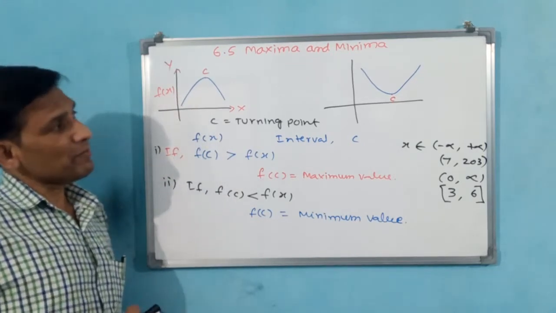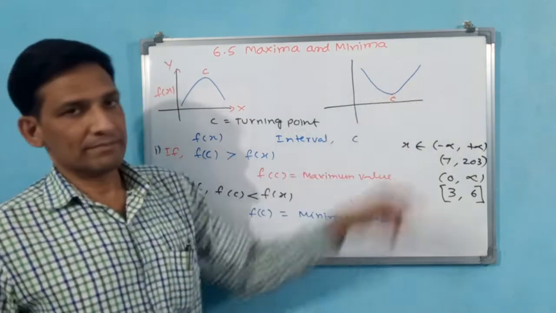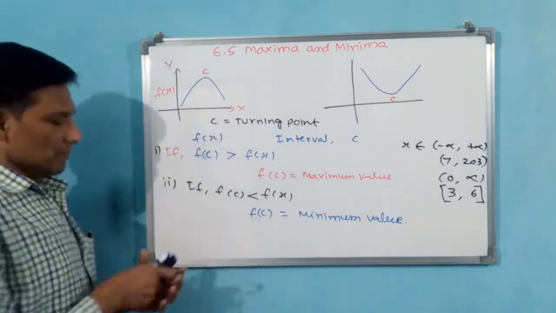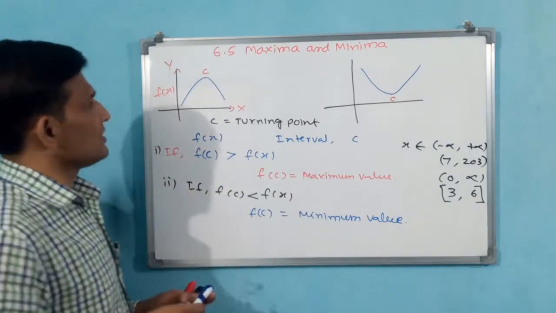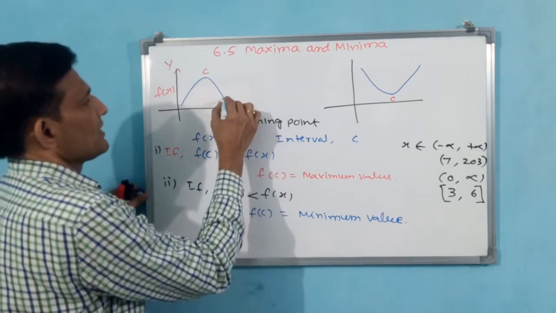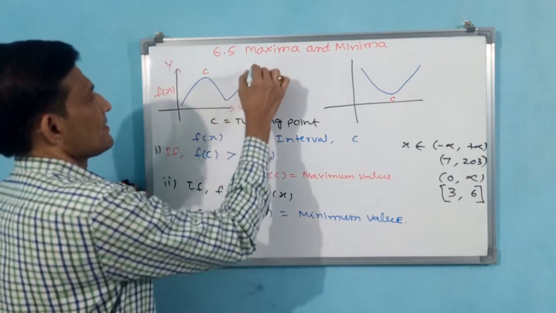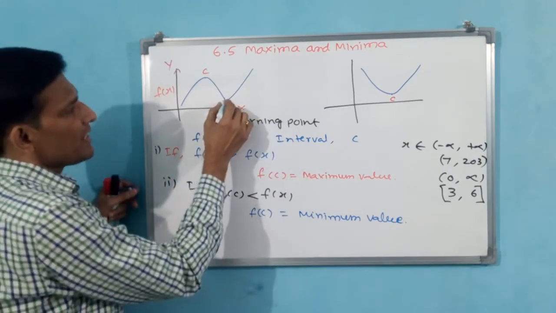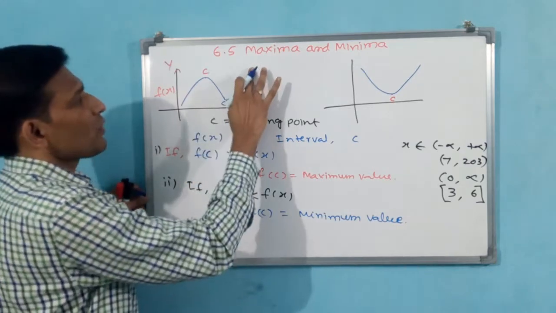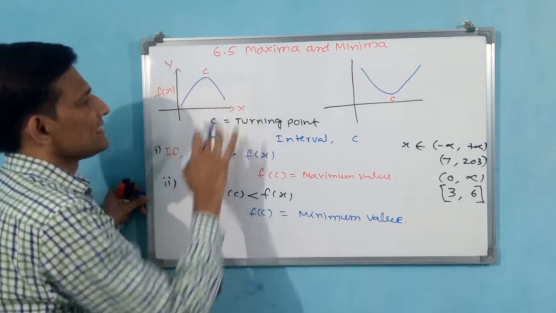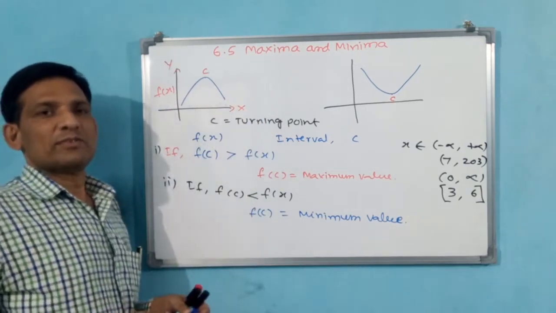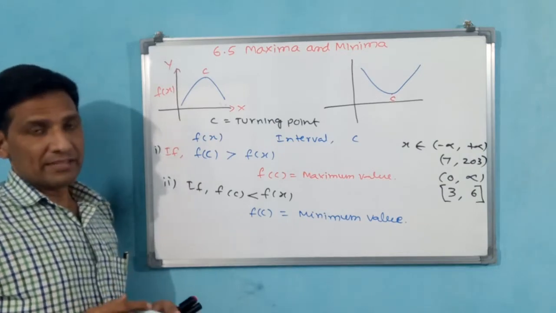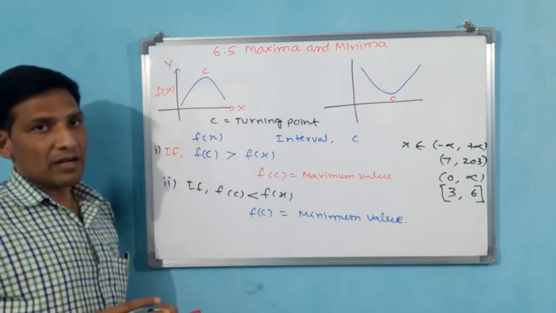Because for a minimum value, the graph should be like this. If this is there, then here again a minimum value will come. But this graph is not like this. Only one turning point.